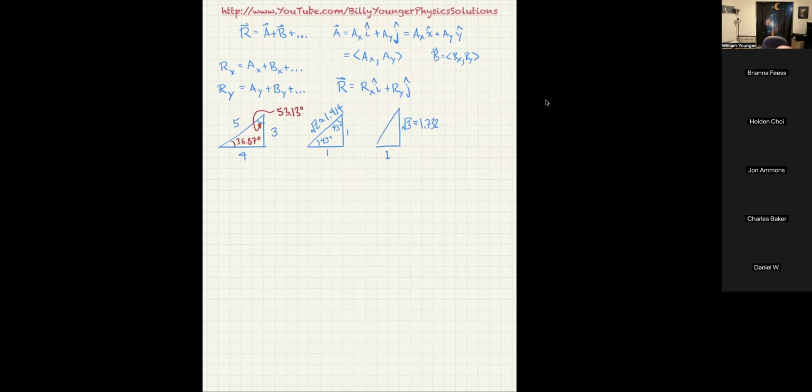Now, the hypotenuse of this triangle is in fact just 2, and this angle is 60 degrees, and this angle is 30 degrees. Notice, in case you've never had a geometry course, one of the things you learn in geometry is in a triangle, the largest angle is opposite the largest side.